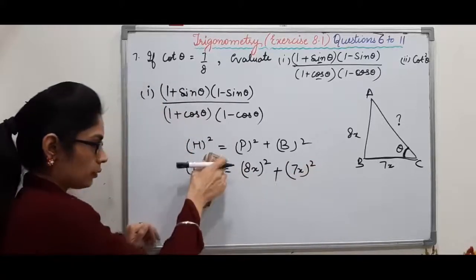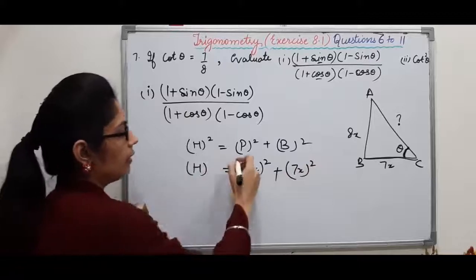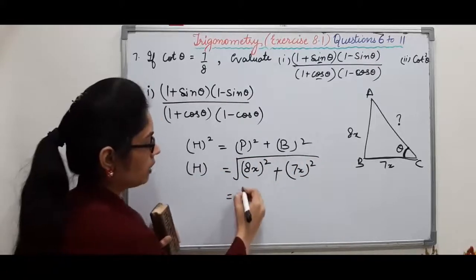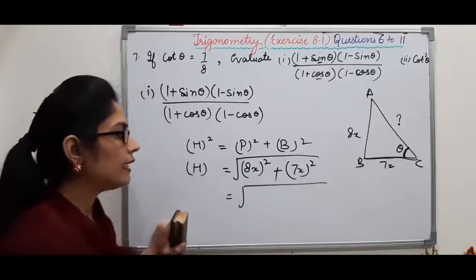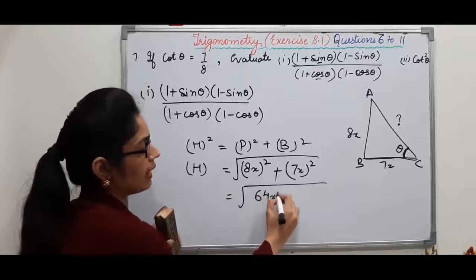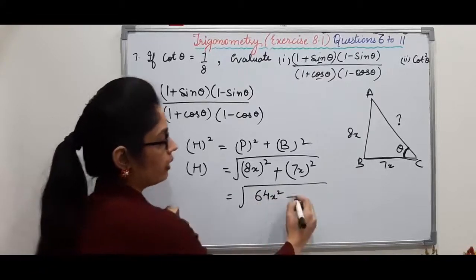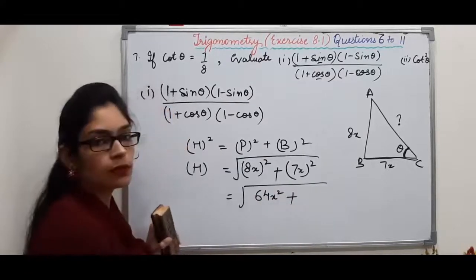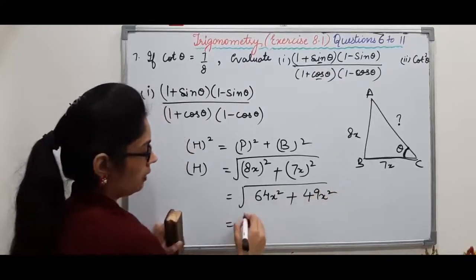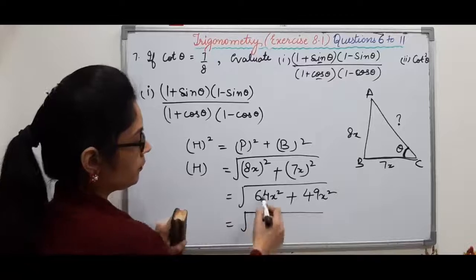The square will be removed from this side, and on changing sides the square becomes a square root. Now 8x whole square is 8 into 8 is 64 x square, and 7x whole square is 7 into 7 is 49 x square. Let's add these values.